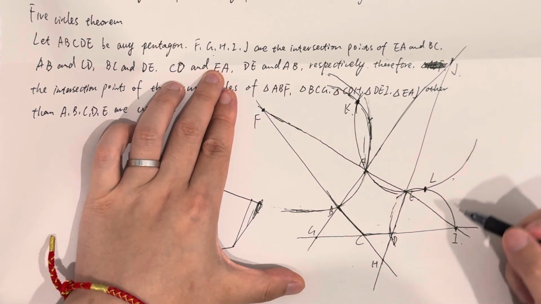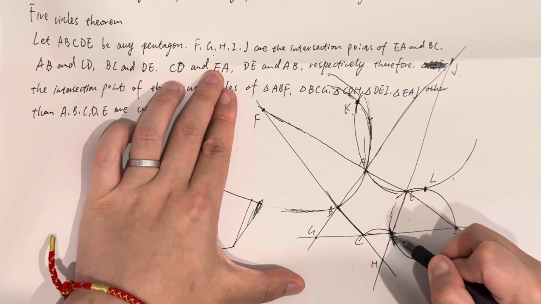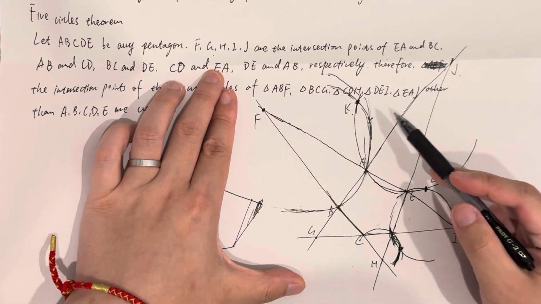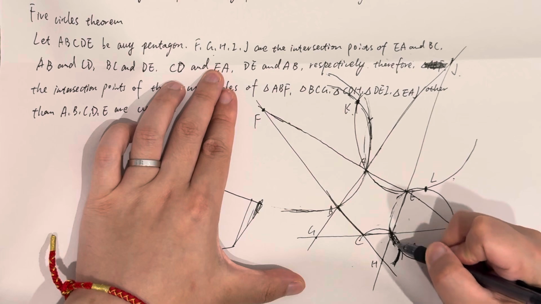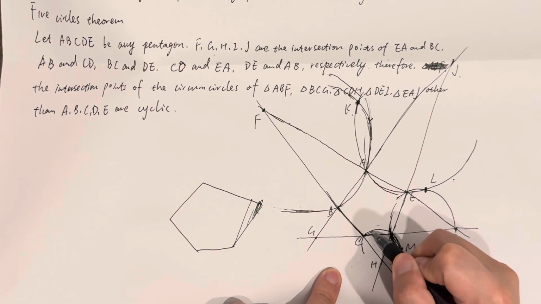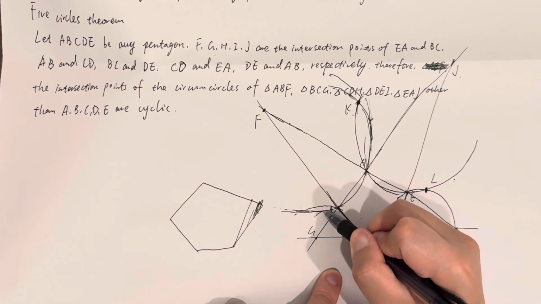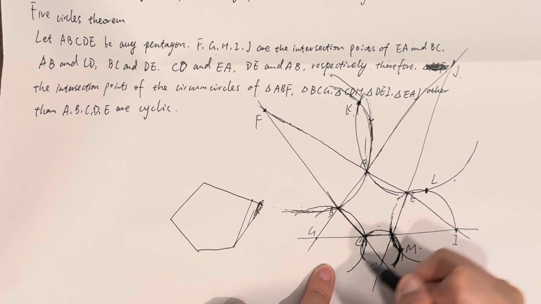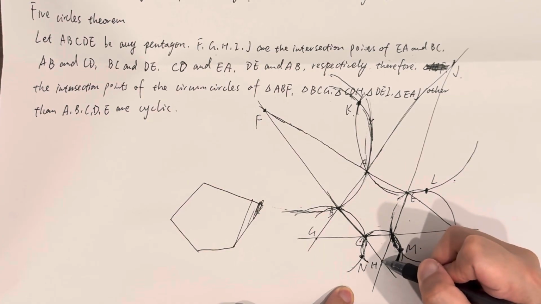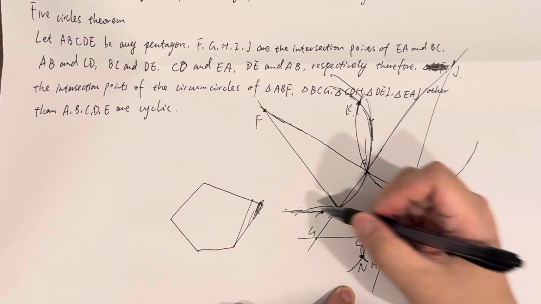And this point is L. Right, so we have this here, and this point would be M. Okay, and also here, then we would have N. This is point N, and here, this point is P, right?